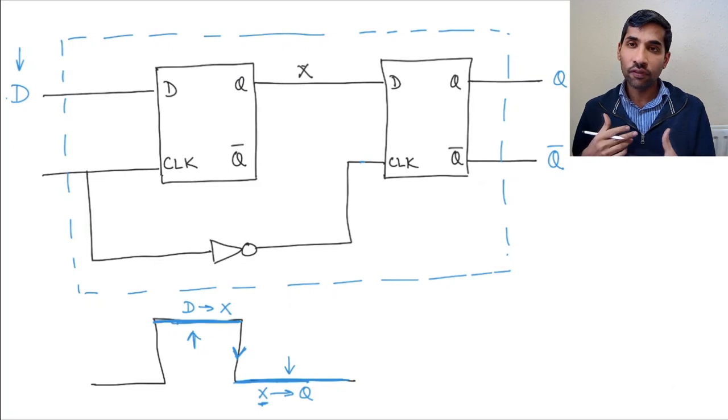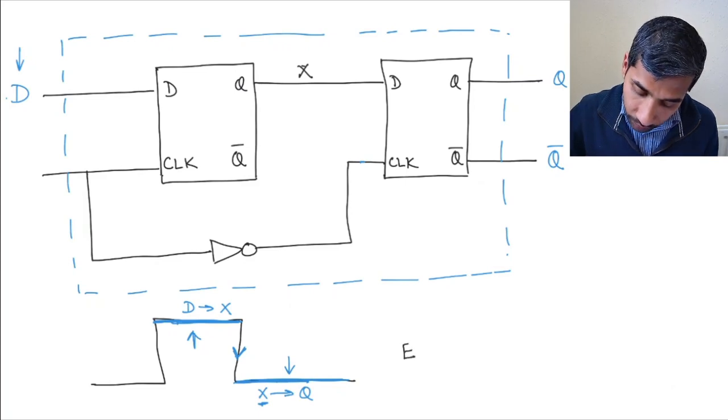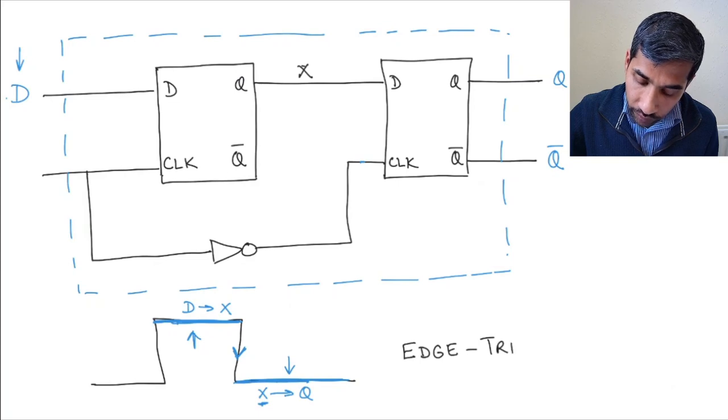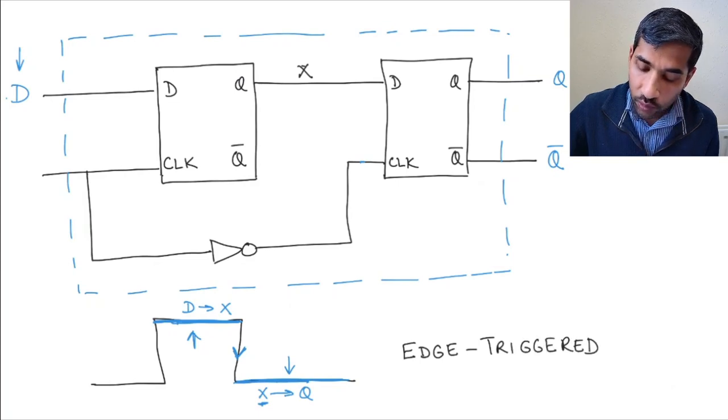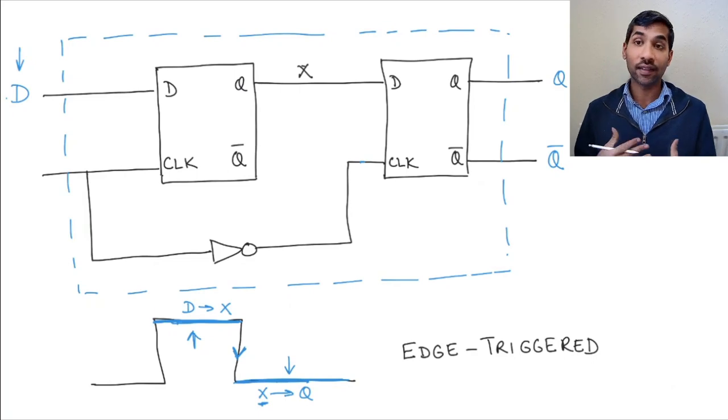And that's how from two level triggered gates, you can make an edge triggered gate. Let me just write that here. Edge triggered gate. And in this way, what we can do is we can stop oscillations, or things like that we saw in the previous videos that were problems with level triggering.